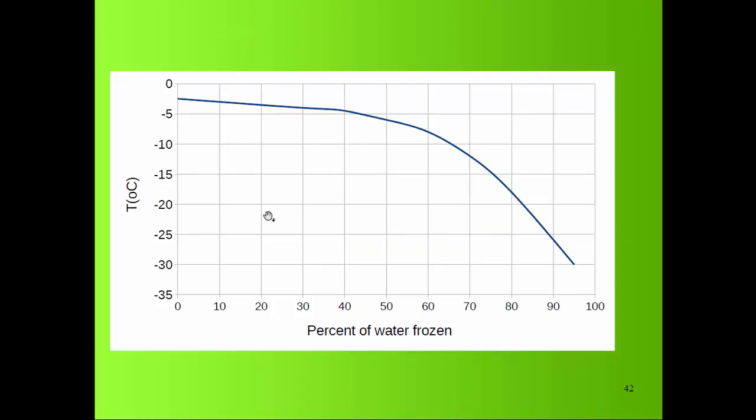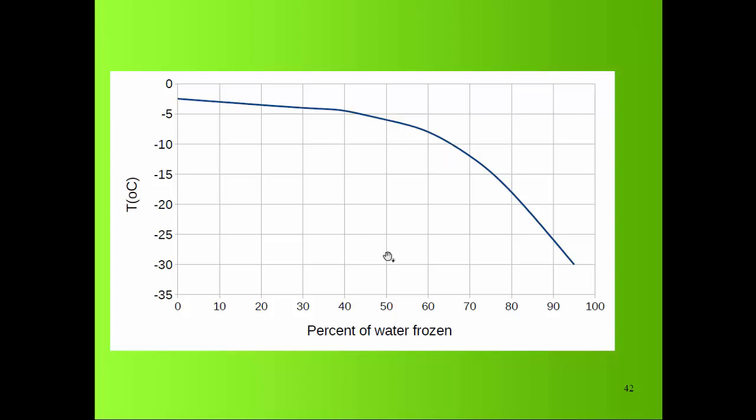So what we see is that the percent of frozen water actually increases as the temperature decreases. So if we start at, say, negative 2.5 degrees C, there's no water frozen. When we get to negative 10, about 65% of the water is frozen.